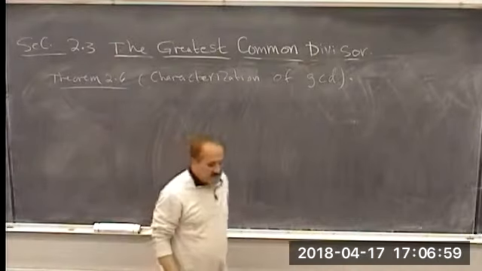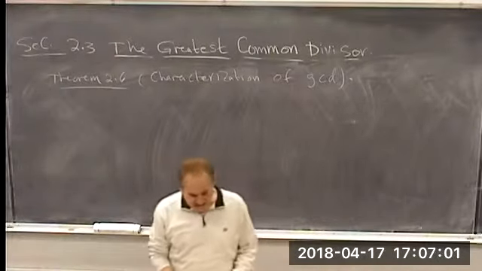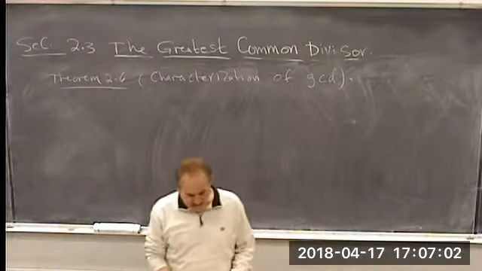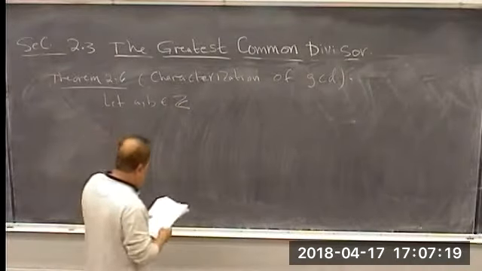And it reads like this, okay? Let me state it the way it is stated in the book. Let A, B be integers, again not both equal to 0.